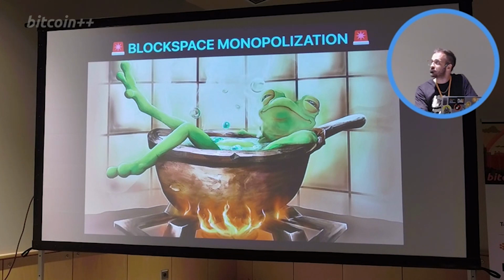And this means there is a pattern forming in Bitcoin mining, which is leading to block space monopolization. And we're boarding frogs because this has deep implications for the censorship resistance aspect of the protocol.